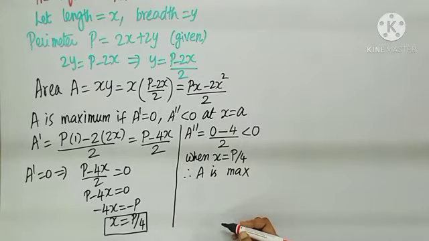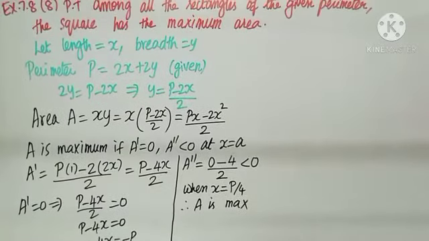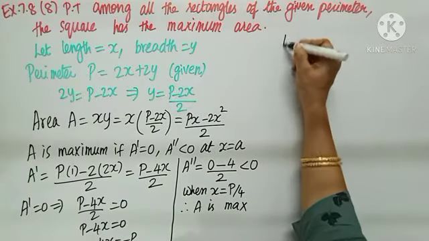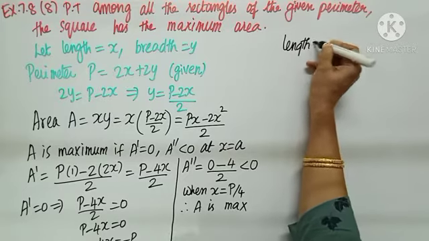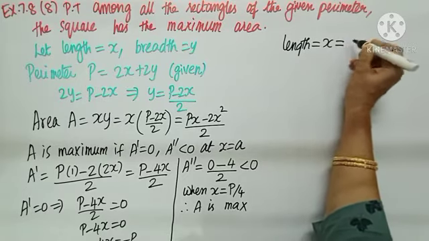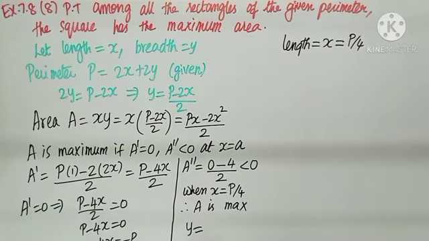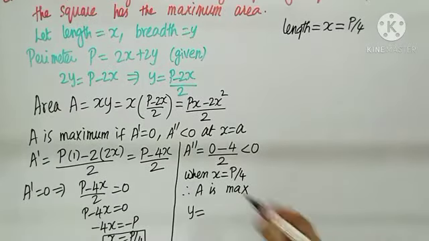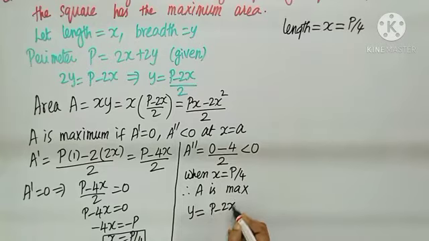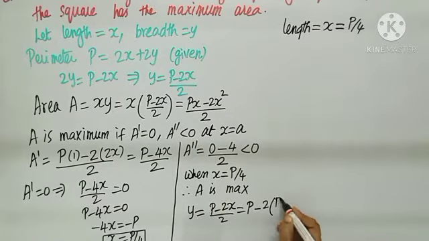The question is, we need to show the rectangle becomes a square, for which find out the dimensions. What are the dimensions? We need to find the length, that is x, which is P by 4. Then what is y? Y equals P minus 2x by 2, or P minus 2 into P by 4 by 2.